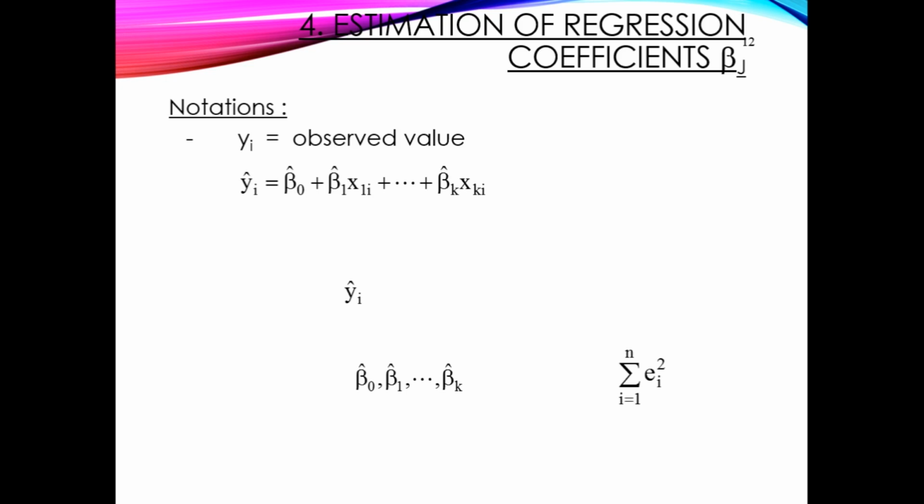That's called the calculated variable of y. Y calculated is the combination of explanatory variables, and y observed is what we see in reality.